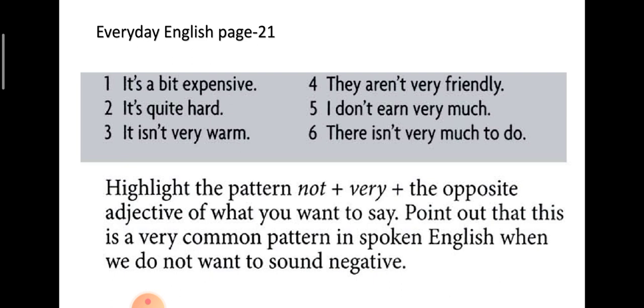Highlight the pattern: not plus very plus the opposite adjective of what you want to say. Point out that this is a very common pattern in spoken English when we do not want to sound negative. So when you don't want to sound negative, turn the sentence into a negative: when the sentence is positive, add not, then put very, and then find the opposite adjective.